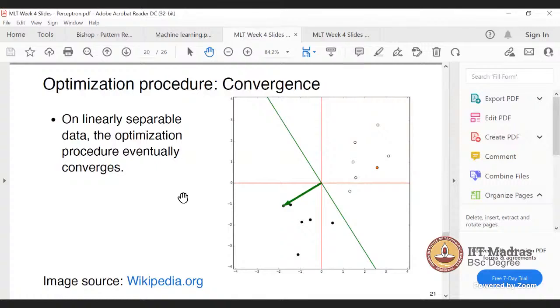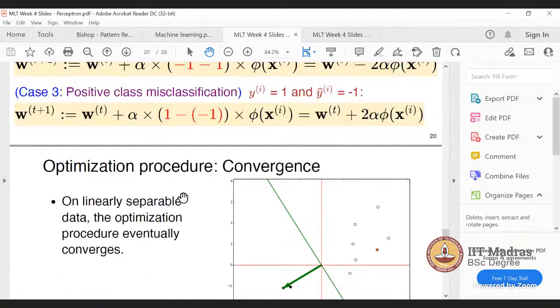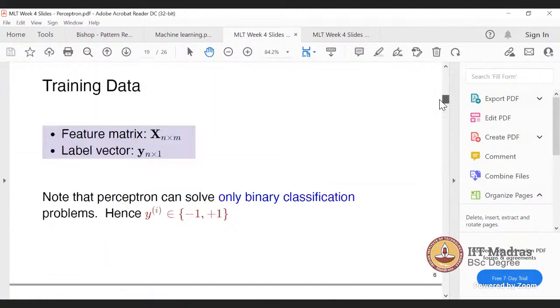So in the Perceptron algorithm, we change the weight vectors only for those points which are misclassified, in a way that they try to come into the correctly classified region. Look at what is actually happening here from the starting.